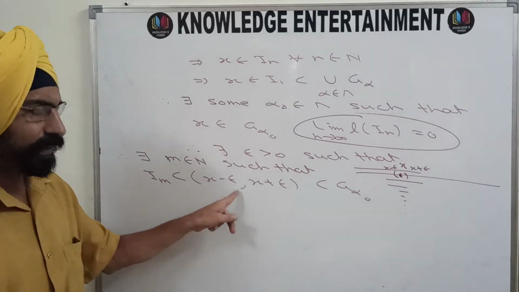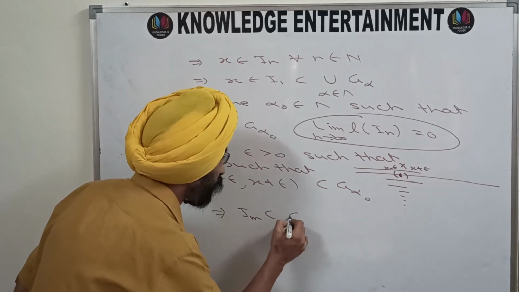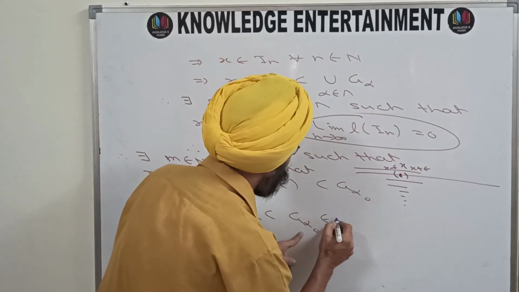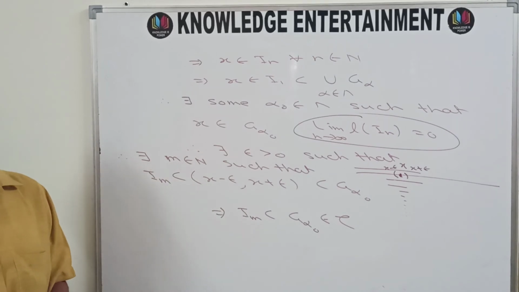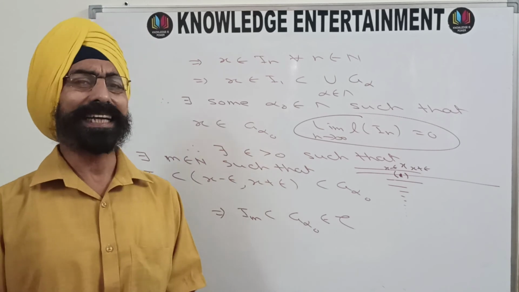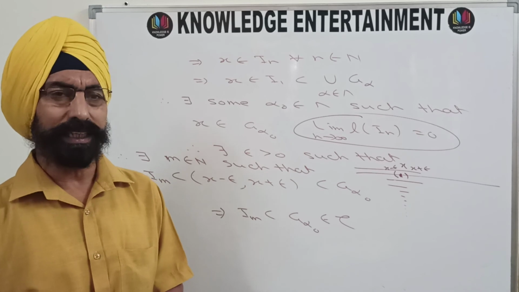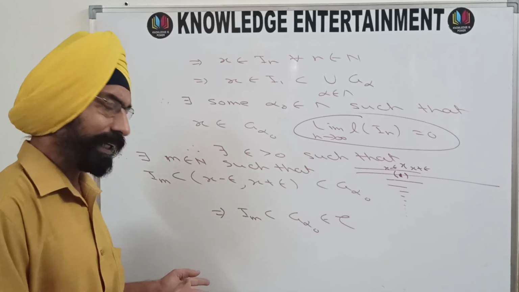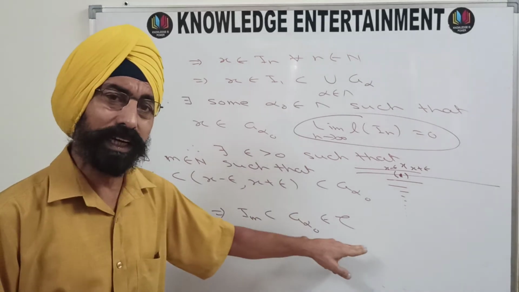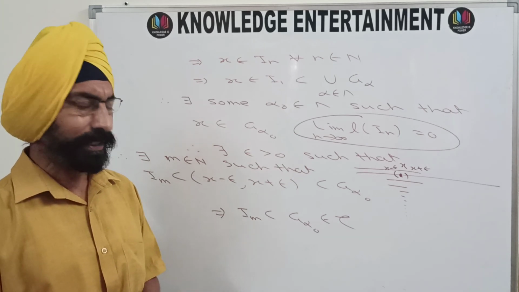Now Im is a subset of this and this is a subset of G alpha naught, so Im is a subset of G alpha naught, and G alpha naught is a member of C. We were saying that each of these In is not covered by a finite number of members of C, and here this Im is covered by just a single member of C. I think you have understood the point.